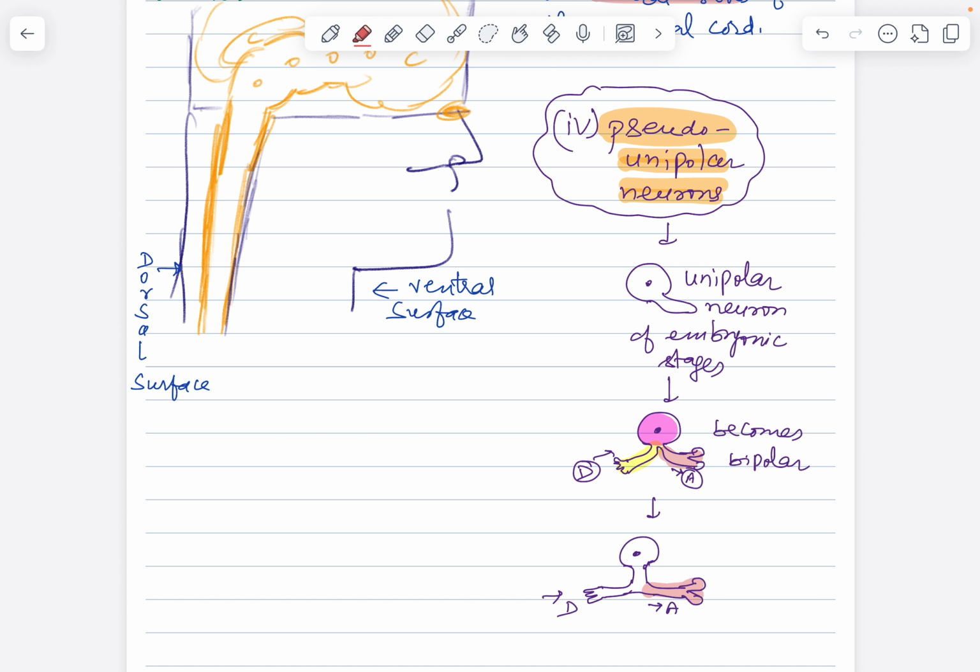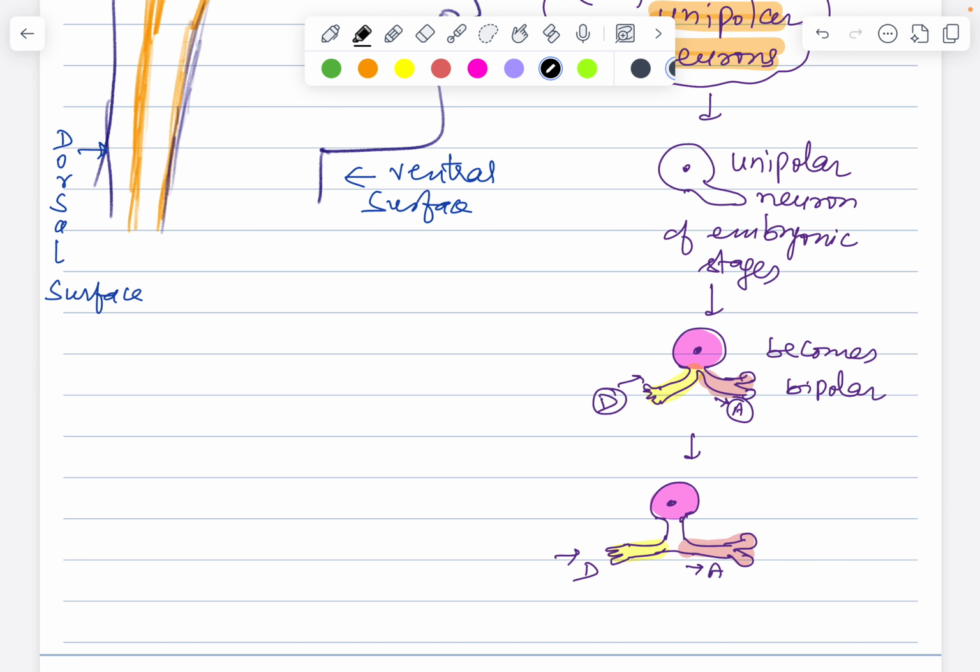Here's the axon, here's your dendron, and here's your cell body. But if you look closely, what does it look like? It looks like there is a single process arising from the cell body that is bifurcating into two. That is how it appears right now.